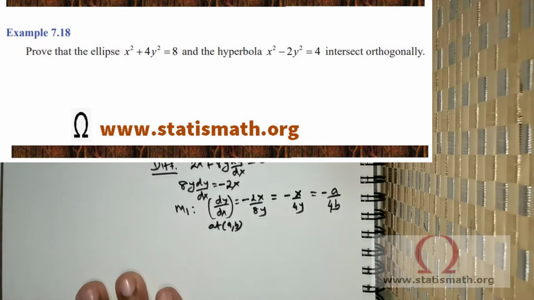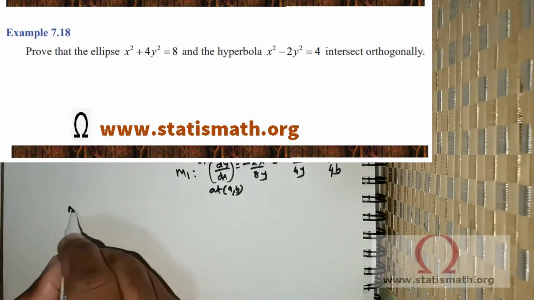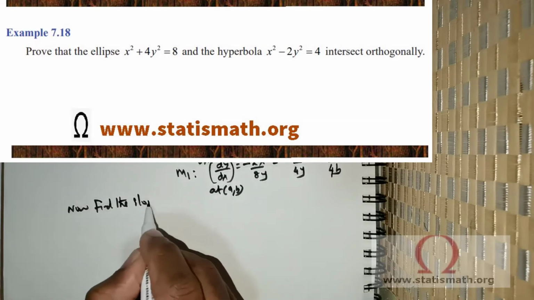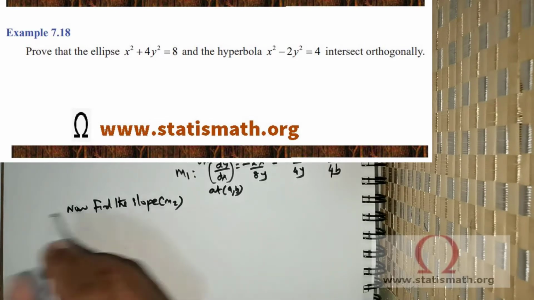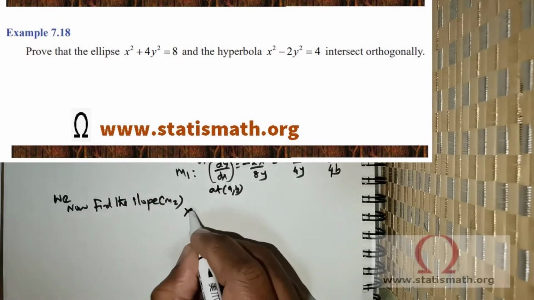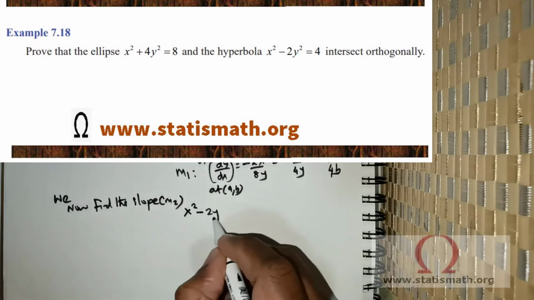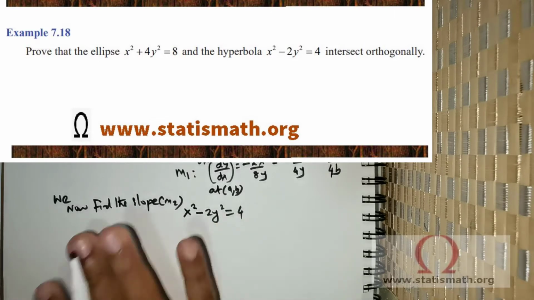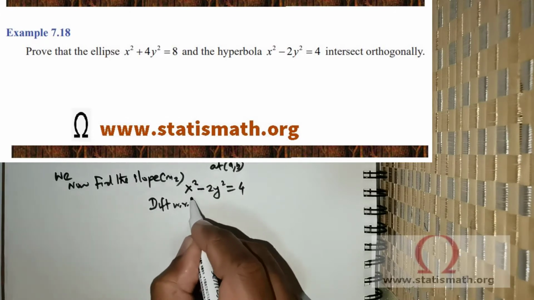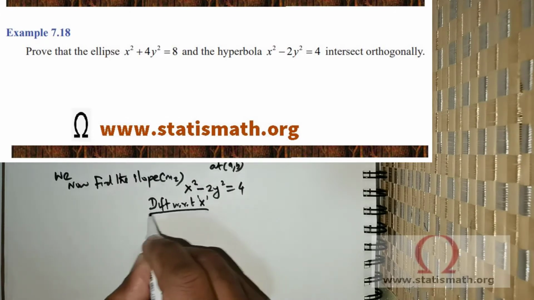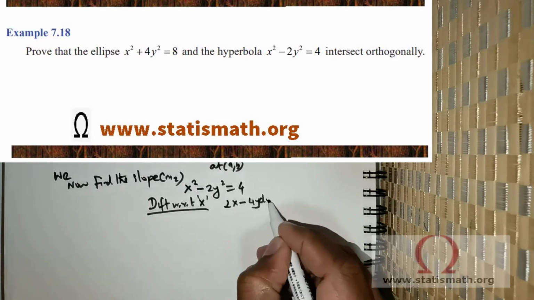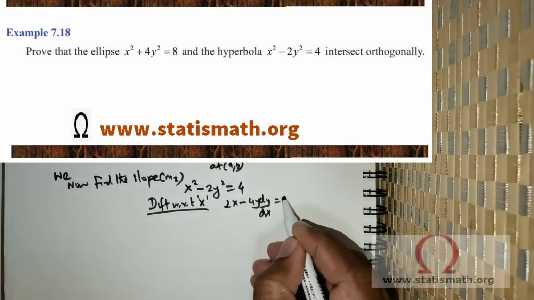Now we need to find the slope of the second curve, x squared - 2 times y squared = 4. Differentiating with respect to x, this gives me 2x - 4y dy/dx = 0.